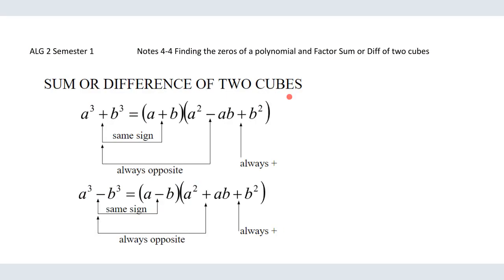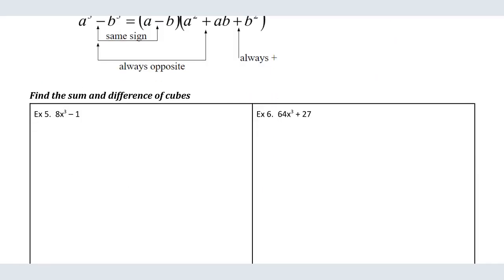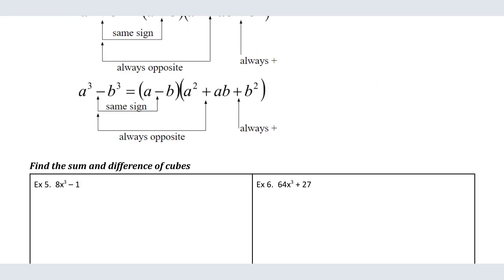What is the work on finding the difference and the sum of cubes? So notice the pattern here. When we're finding the difference, a minus b, a is the cube root of a to the third.